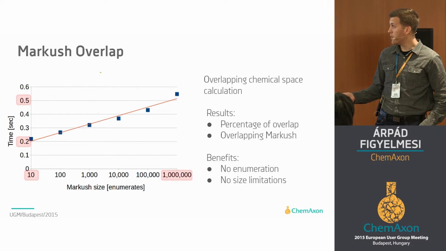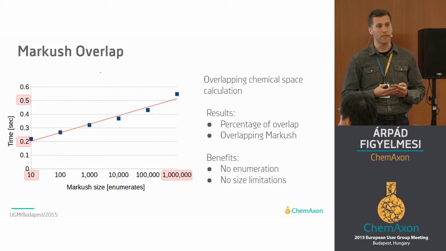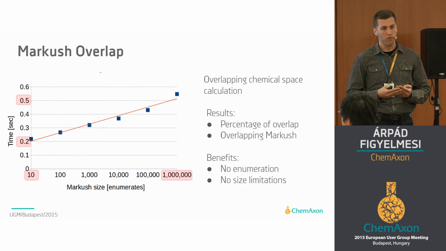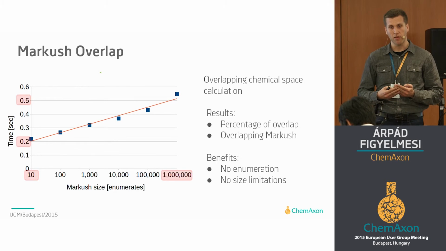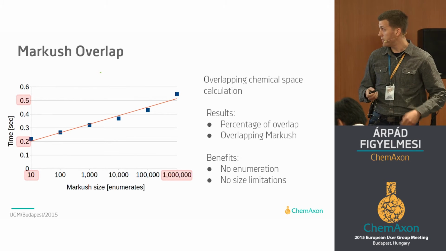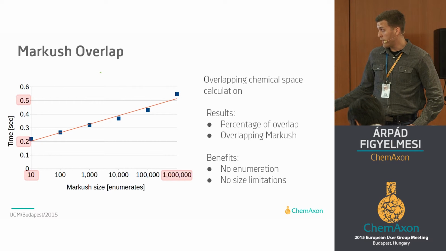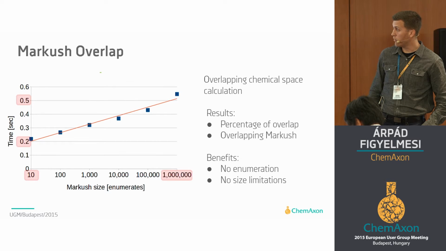Markush Overlap is capable of calculating the overlapping chemical space between two or more Markush structures. We are able to give back the percentage of overlap, and we are able to generate a Markush structure representing the overlapping chemical space. There is no enumeration and no size limitation.